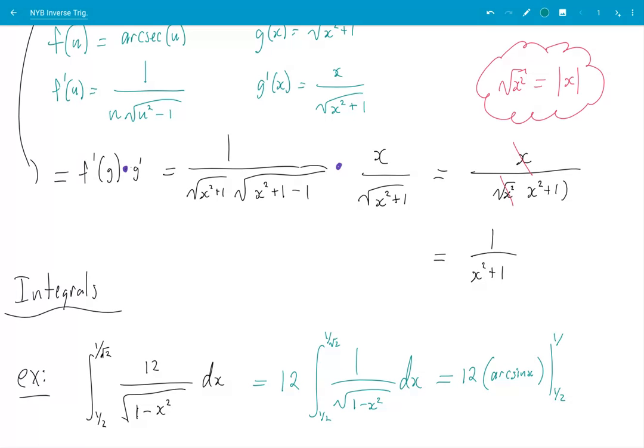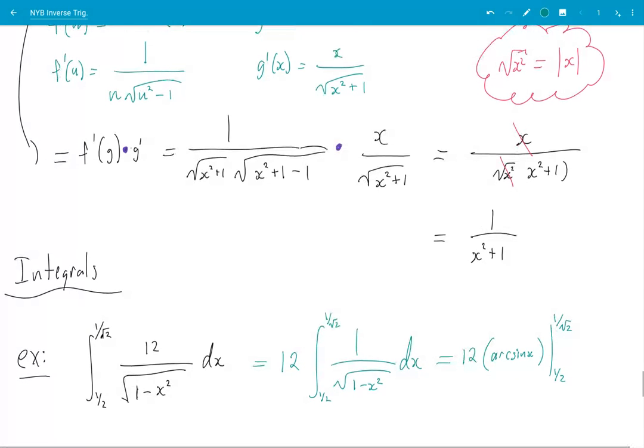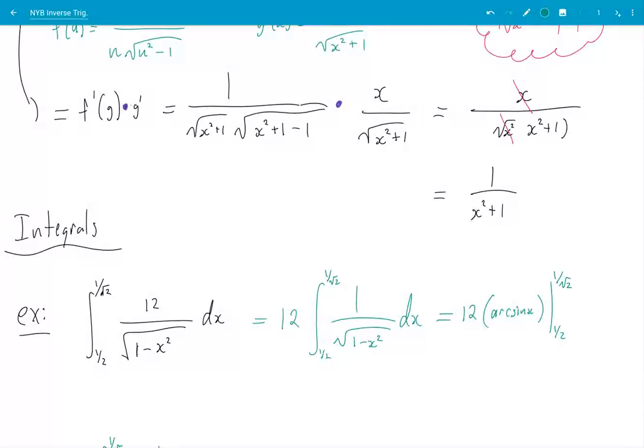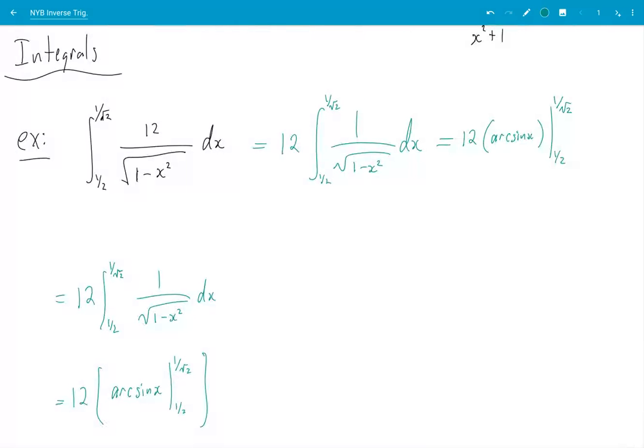So every derivative formula yields an integration formula, and I use that here. Oops, did I do this already? Seems I've already done this down here, sorry. So there we have it.